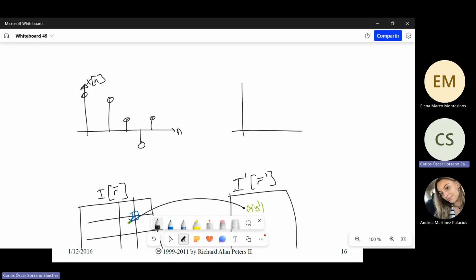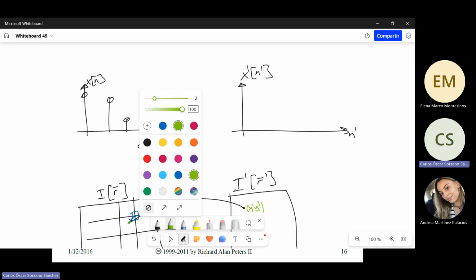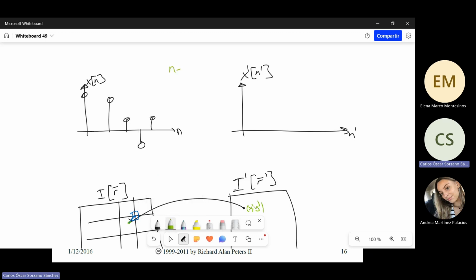Then I want to produce another signal, X prime. There is a relationship between the two. So we say that n is equal to s n prime. So s is the scaling factor. And then we are taking this sample here, this one from x prime of 1.